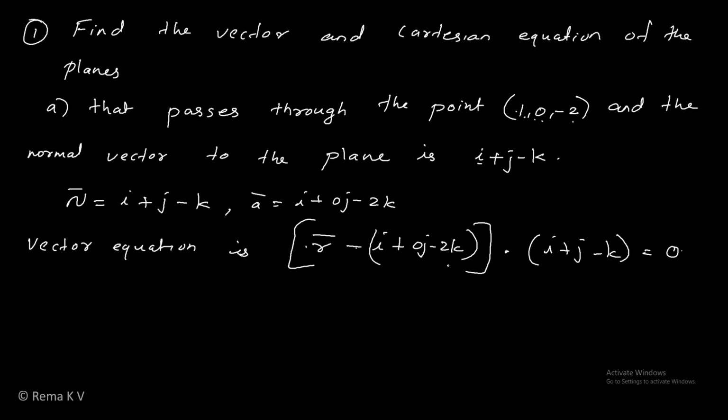Only to substitute the position vector of the given point and to write the normal vector. R minus a dot n is equal to 0.